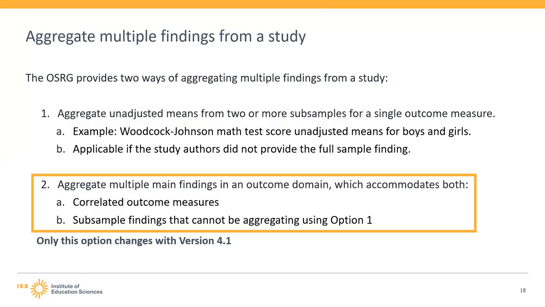Second, the OSRG will automatically average effect sizes for multiple main findings in an outcome domain, accommodating both correlated outcome measures and subsample findings that cannot be aggregated using the first option. Only this second option changes with version 4.1.